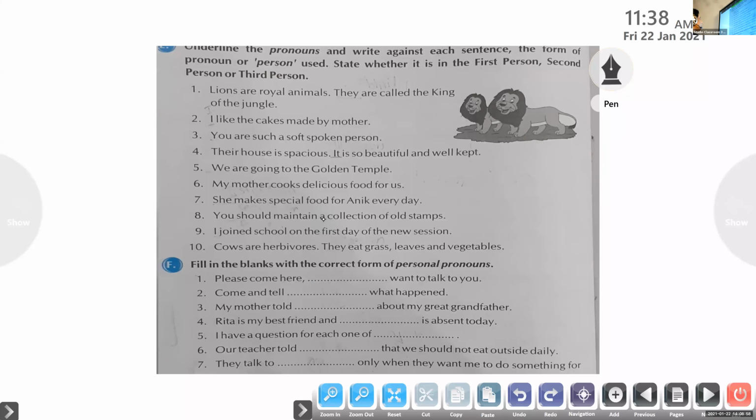Now pick out the pronoun from the sentence. Ashiga, can you unmute it? Ashiga, are you there? Come on, children, quickly. You're not able to unmute it? I couldn't hear you. Okay, Sarah Thomas, come on, Sarah. Unmute it quickly and do it.